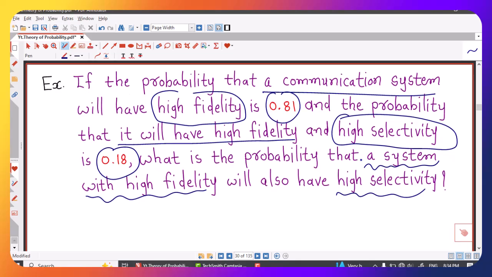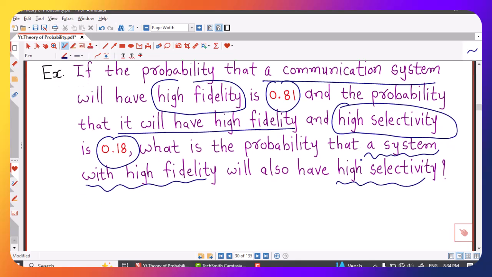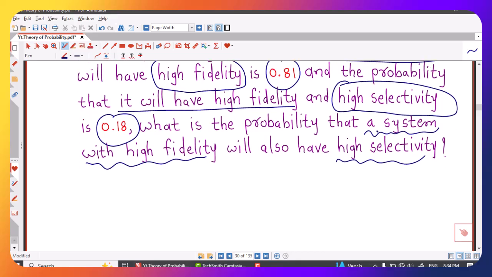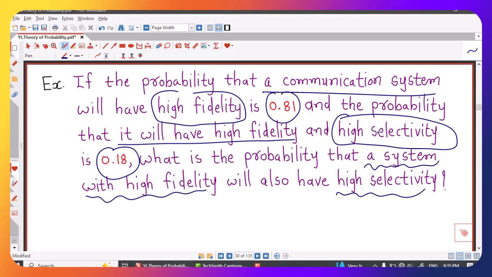If you observe carefully, here they are talking about two features of a communication system: one feature is high fidelity, and another feature is high selectivity.